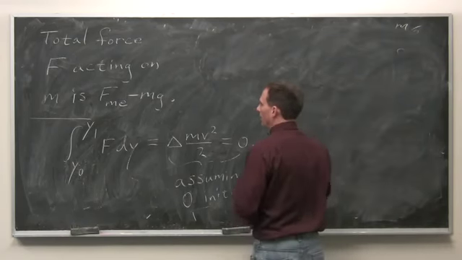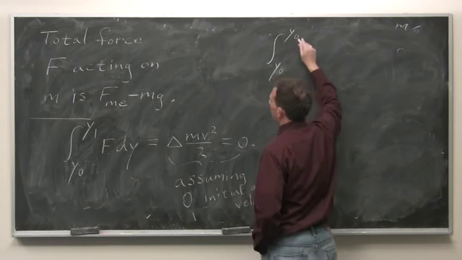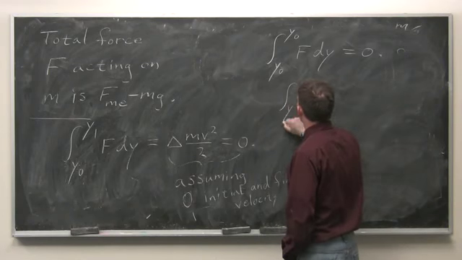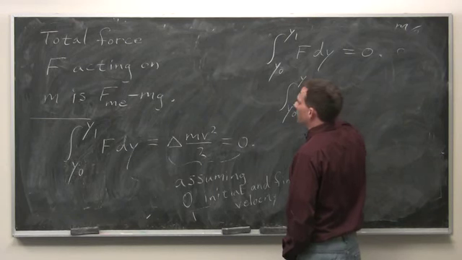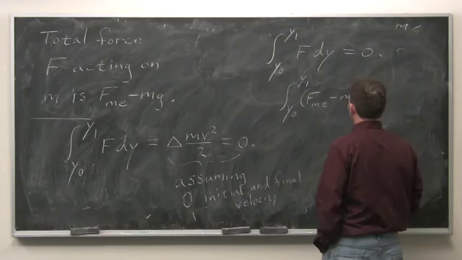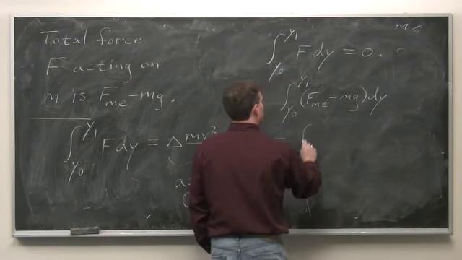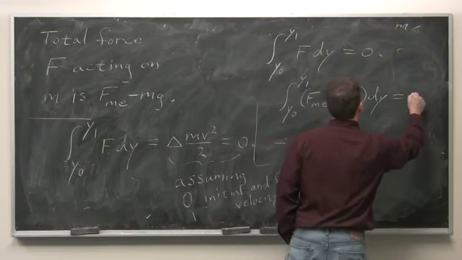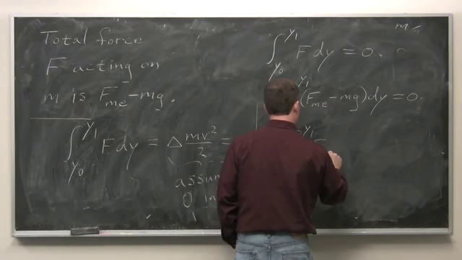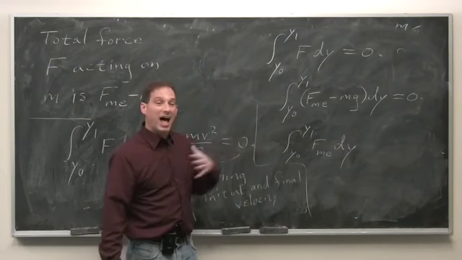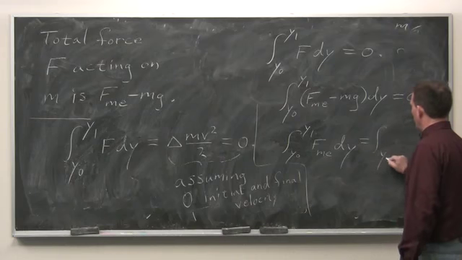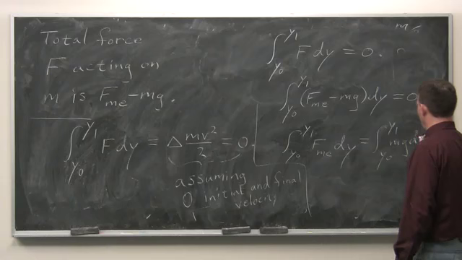What does that mean? It means that this integral is 0. Now you put back in that this is the force I'm exerting minus the force of gravity, which is constant. You can separate these two and do the integrals, and what you get is that the work that I do, the force that I exert on the mass, equals the integral from y0 to y1 of mg dy. But mg is a constant.